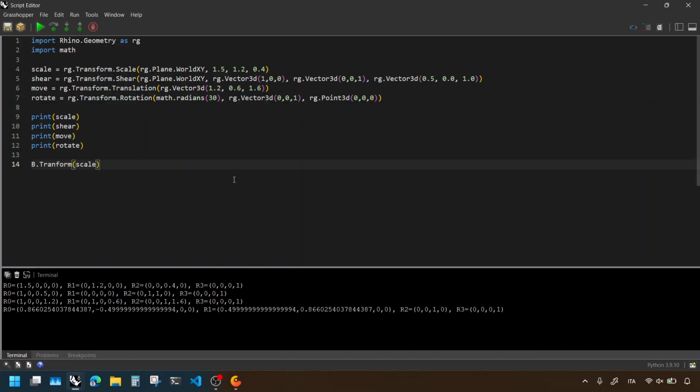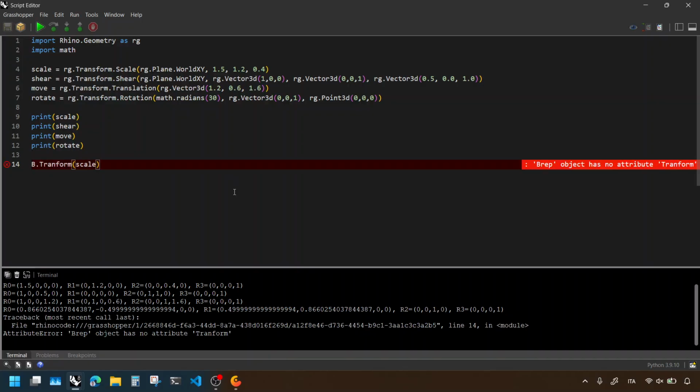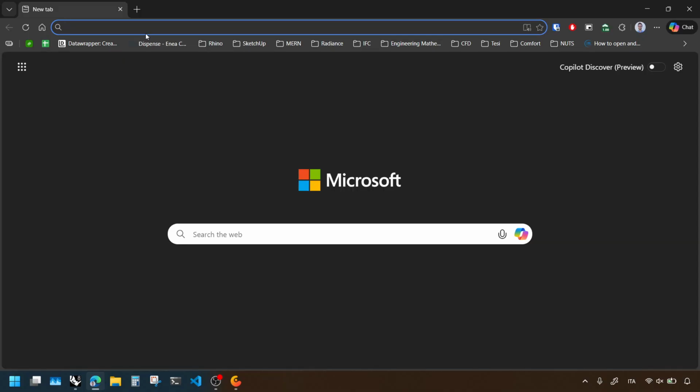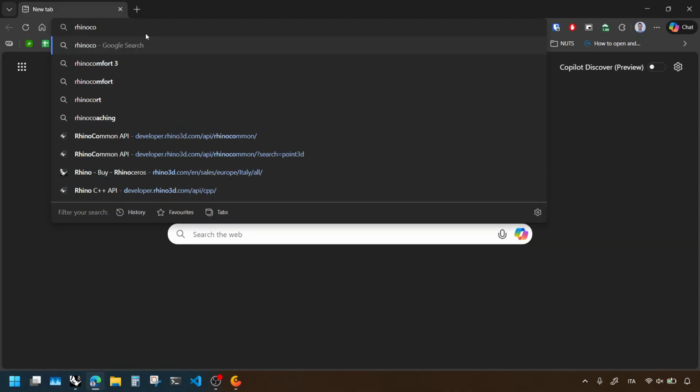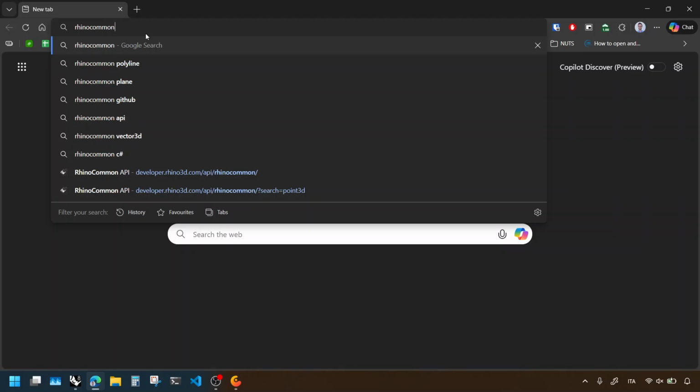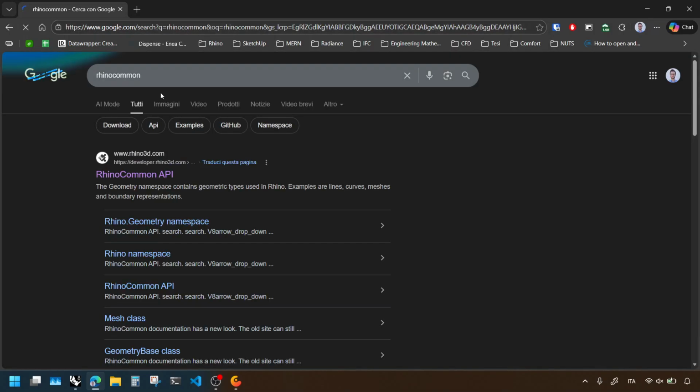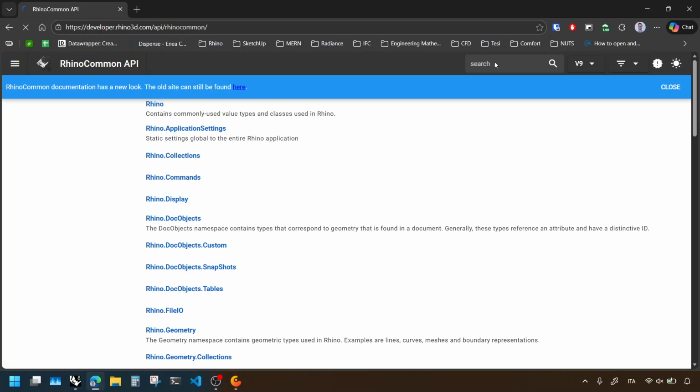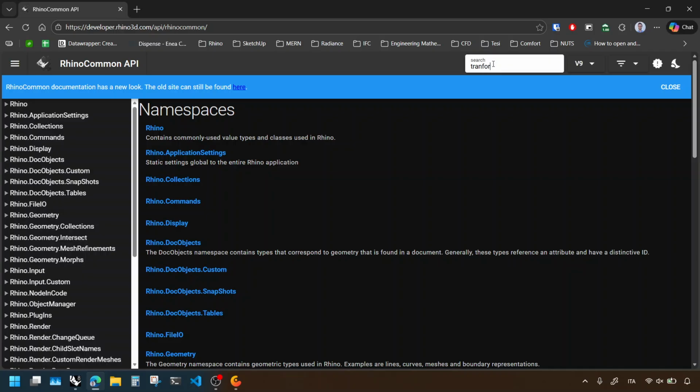Let's say we want to pass in scale. Brep has no attribute transform. Let's actually go to check the documentation. Why not? So Rhino common API, and then we can go here, search. We go transform brep.